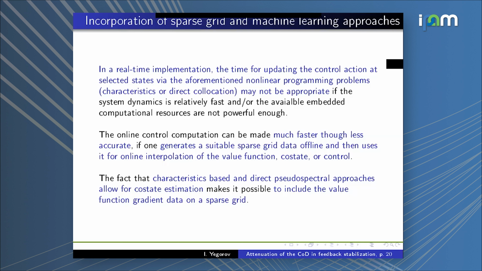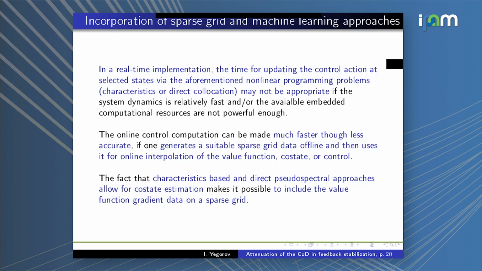If we first try to generate some data offline, and then if we interpolate with respect to this offline data, and if this online interpolation is very fast, then we're good. Also, if we do interpolation, we know that we may require less sample points if we try to incorporate the gradient information.